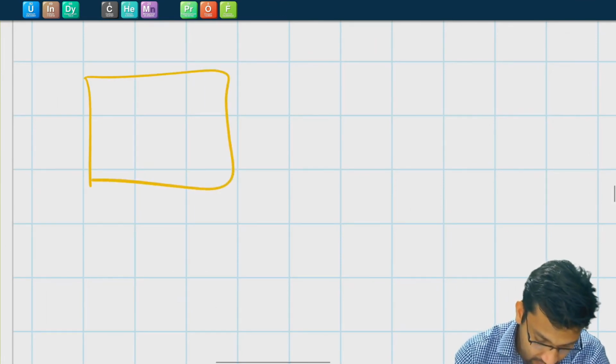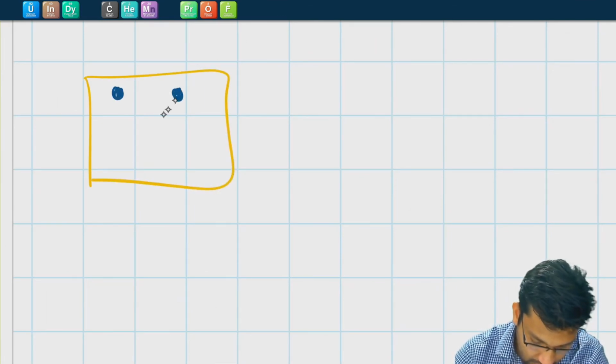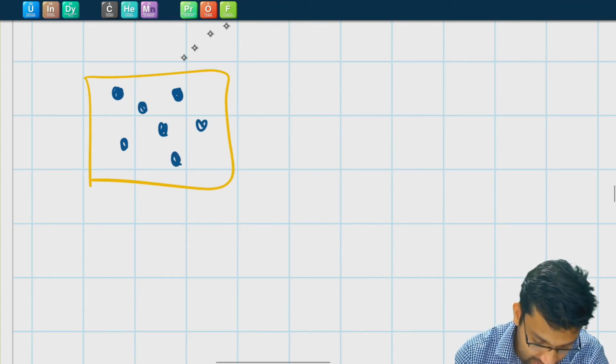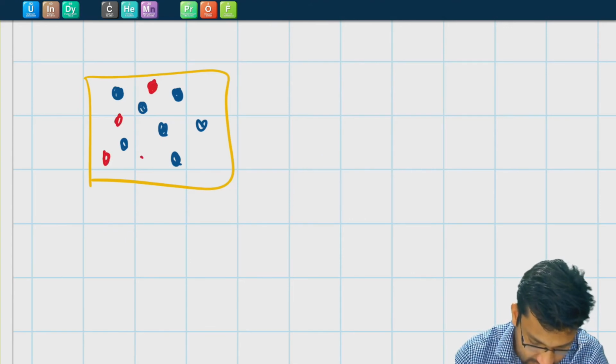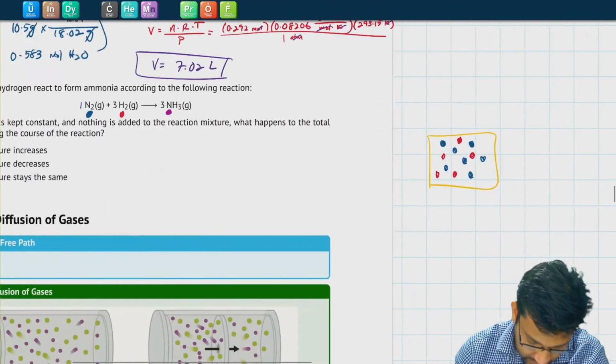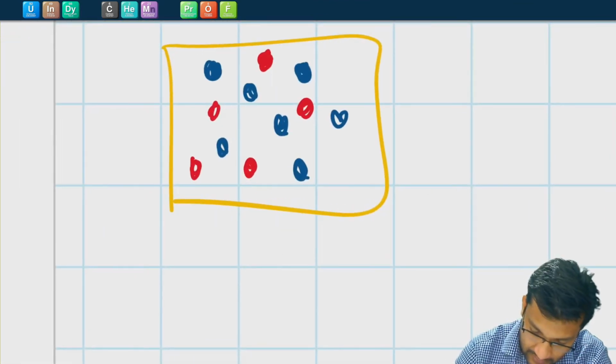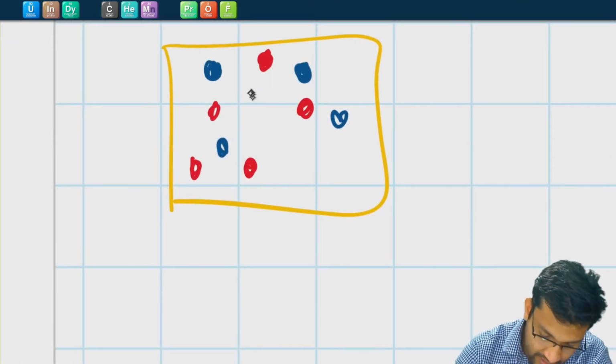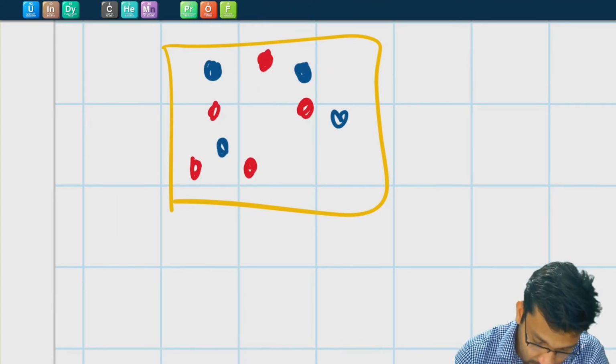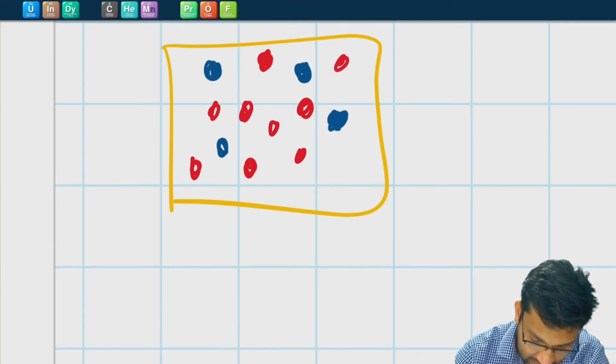So we have nitrogen reacting, and the hydrogen was red. We have this reacting, what's the ratio? 1 to 3, so I need less. Let's say we have 4 nitrogen, which means we need 12 hydrogen. 1, 2, 3, 4, 5, 6, 7, 8, 9, 10, 11, 12.